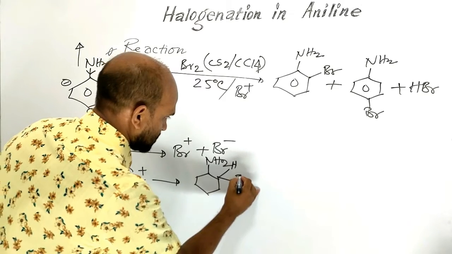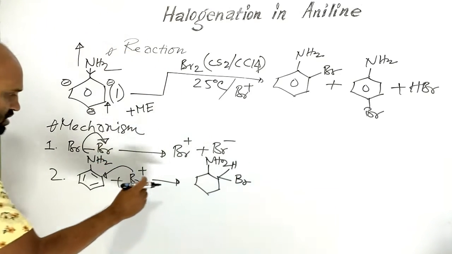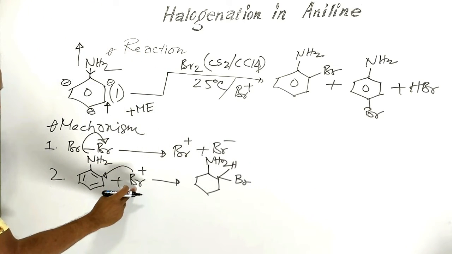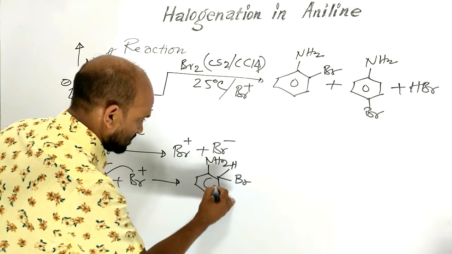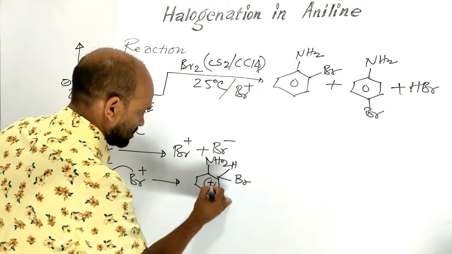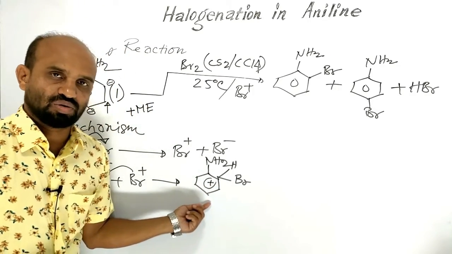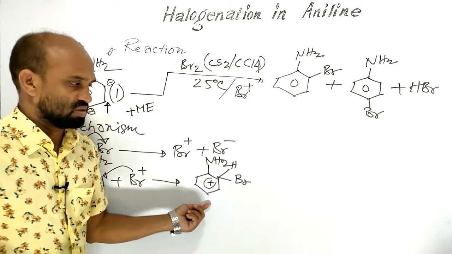hydrogen, here bromine. As bromine is positively charged, inside the benzene ring positivity is created, which is now called a sigma complex.